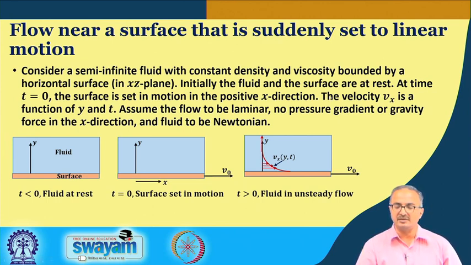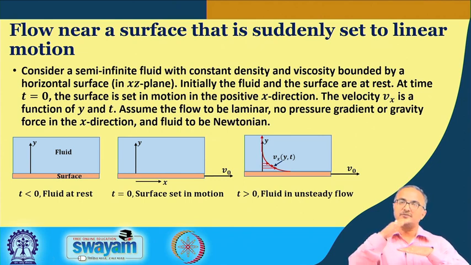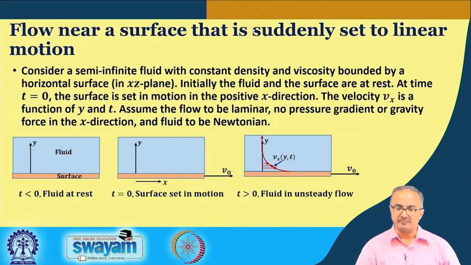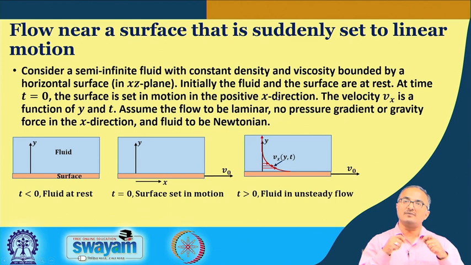Initially, the fluid and the surface are at rest. Suppose you imagine a car standing there, and in touch with the car is the air. So, both the fluid and the car are at rest. At a time t equal to 0, the surface is set to motion in the positive x direction. That means you can imagine as if you have started the car and the car has started moving.